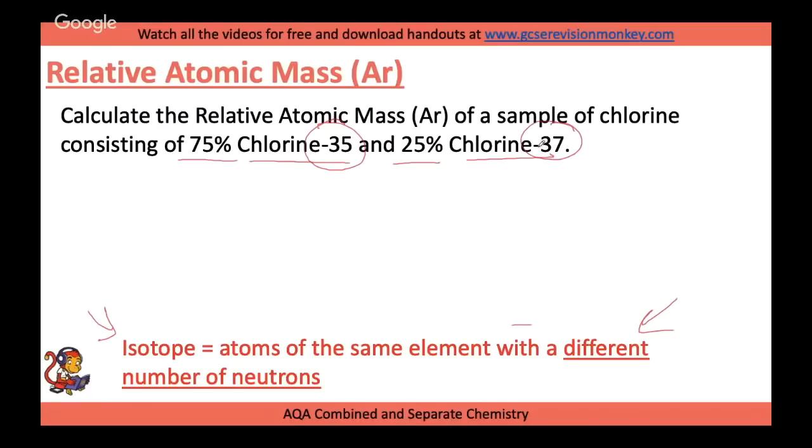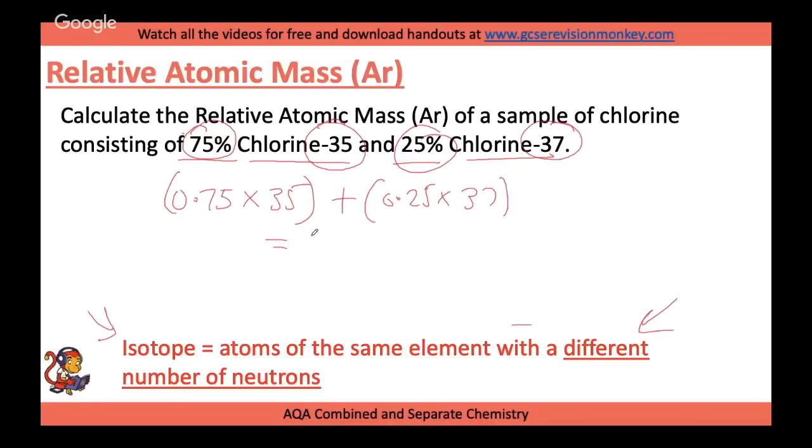So this chlorine-37 has 2 more neutrons than the chlorine-35. So what we do to calculate the relative atomic mass is we take 75%, which we'll write as 0.75, multiply that by 35, and just add that to 25%, or 0.25, times 37.